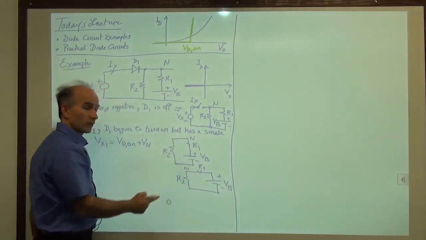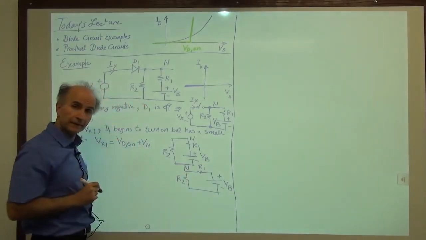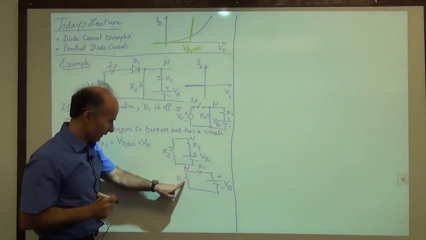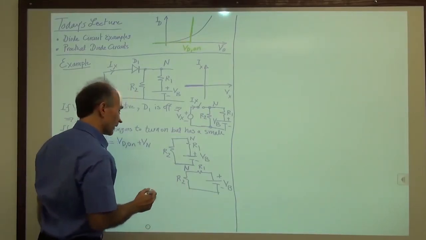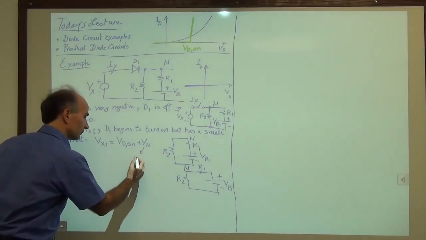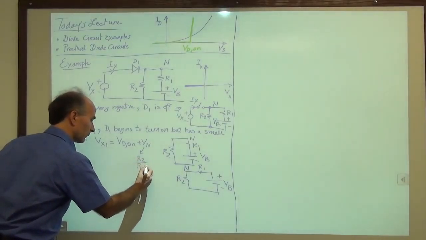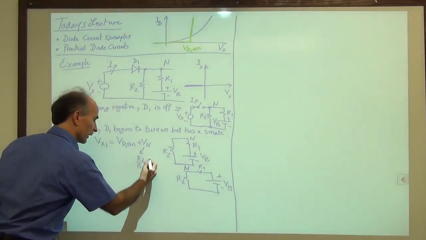This circuit is the same as this circuit as long as we remember that this is node N. So we see that we have a resistive divider. That means that Vn itself is equal to R2 over R1 plus R2 times Vb.